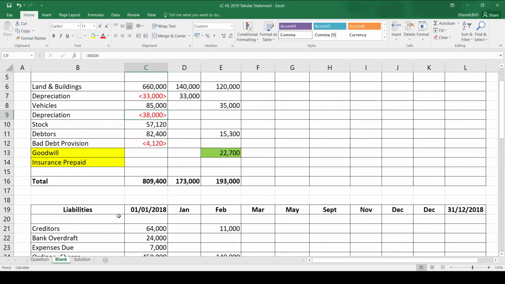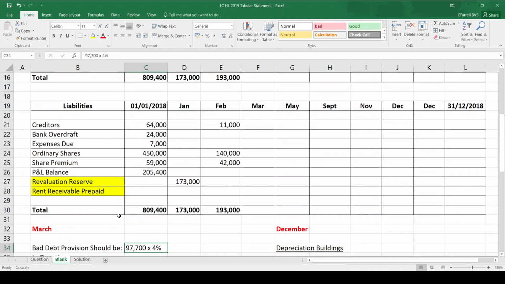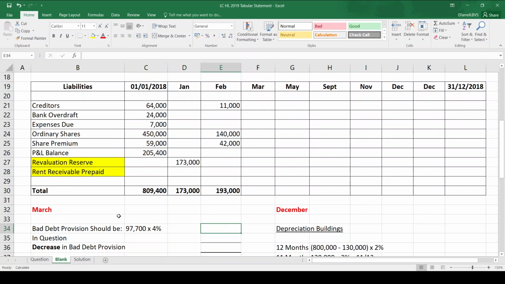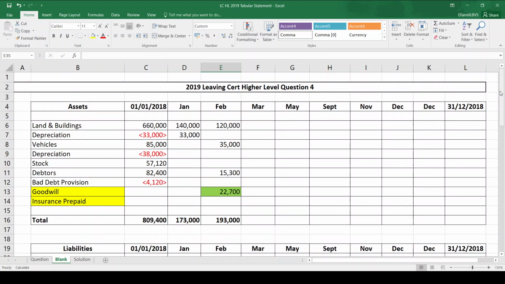So if I go to my assets and I look at debtors, debtors are 82,400, but don't forget to add on the adjustment to debtors, which was a further 15,300. So in total, debtors are 97,700. So the bad debt provision should be 97,700 by 4%, which is 3,908. At the moment, the bad debt provision is 4,120.